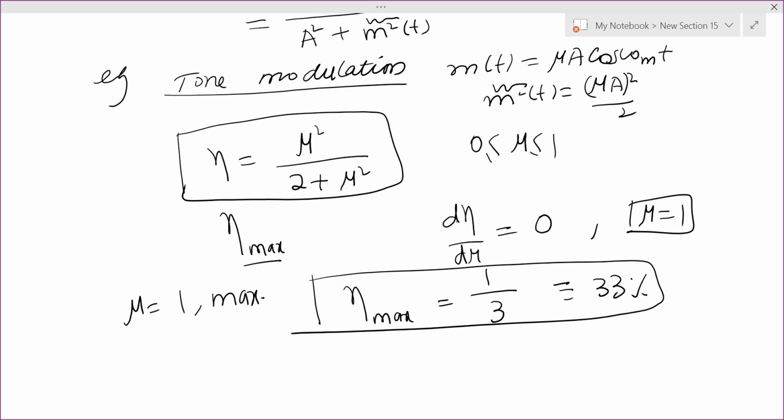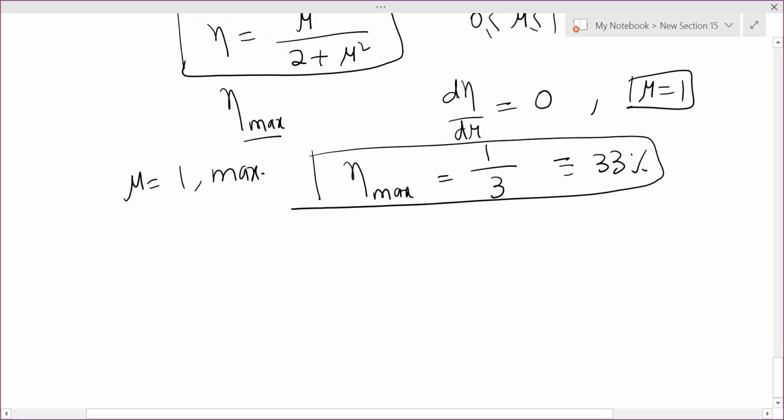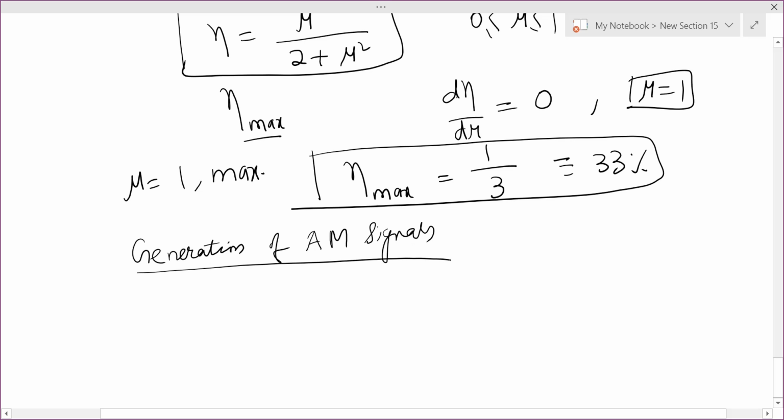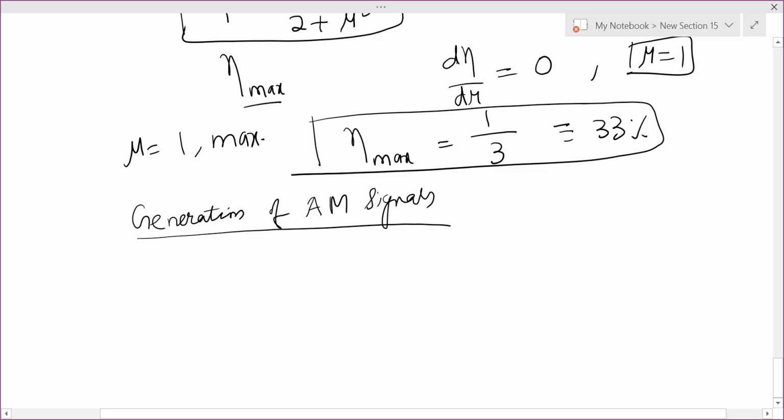Now, before we go into demodulation, we first see how to generate AM signals. To see the generation, we will have a very simple, cost effective AM generator.